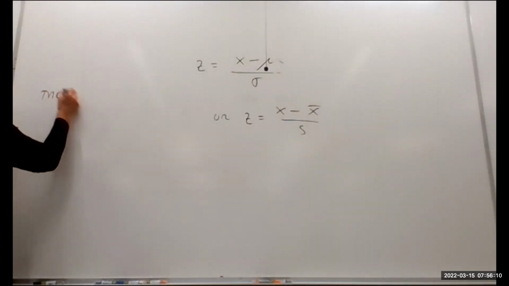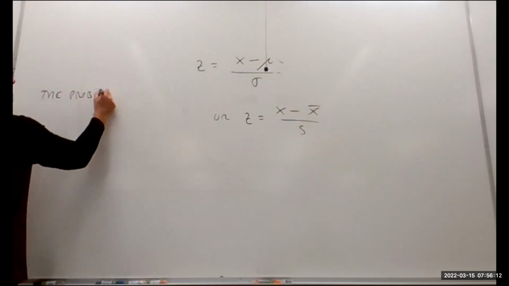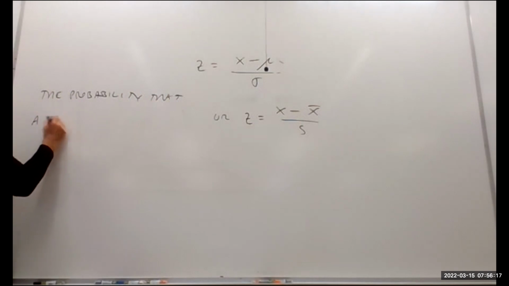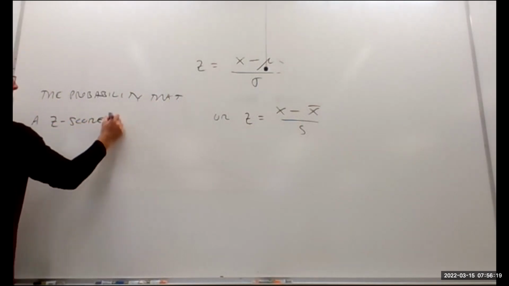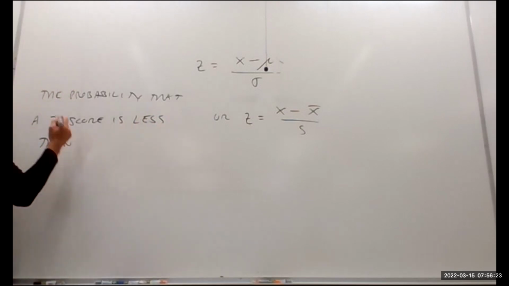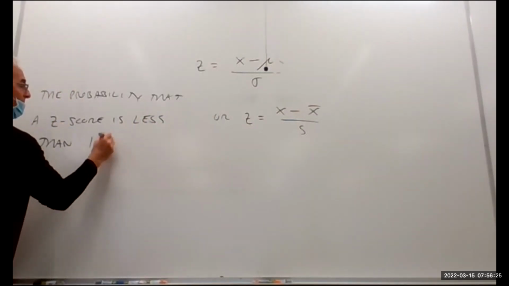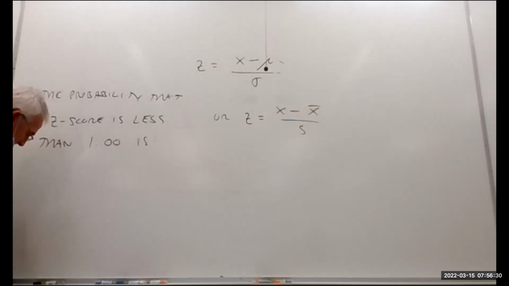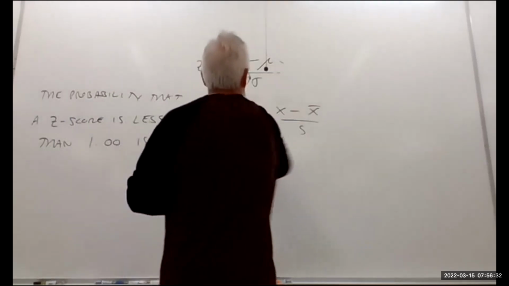The probability that a Z-score is less than, let's start simple, let's just say 1.00. Here's how we write that statement.